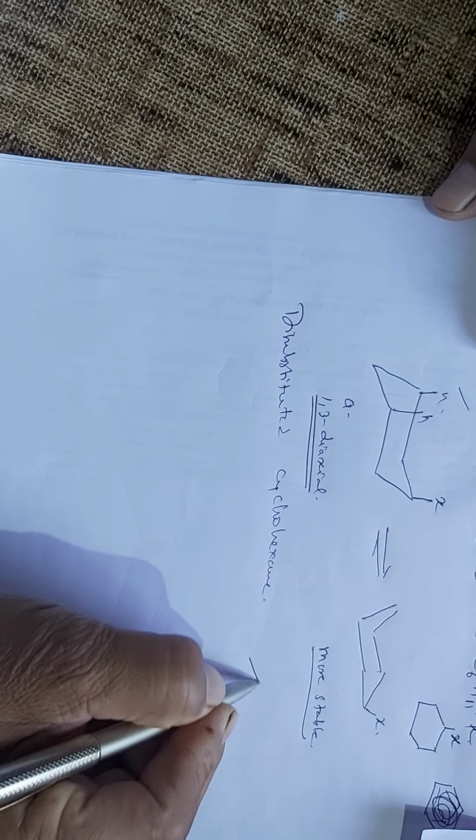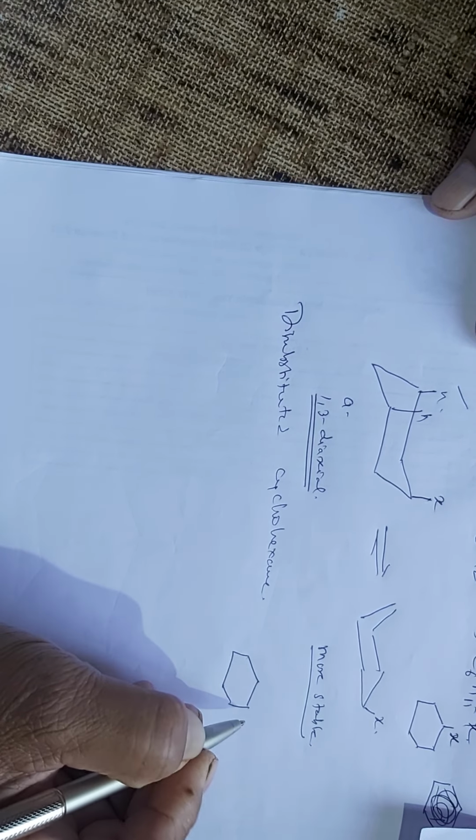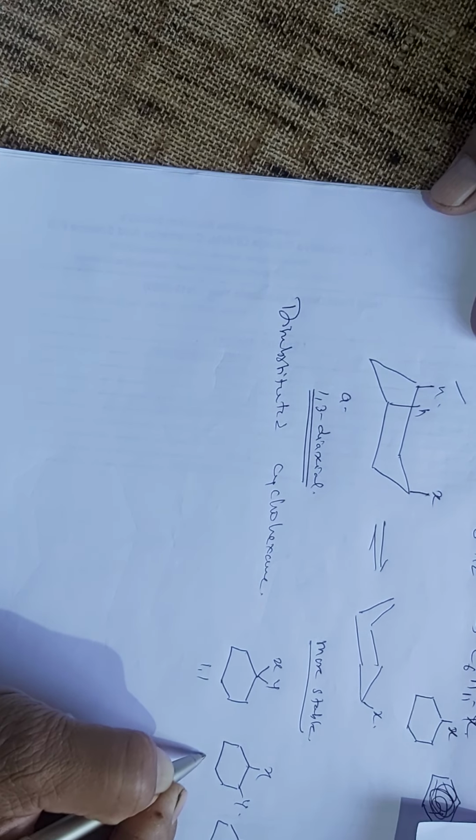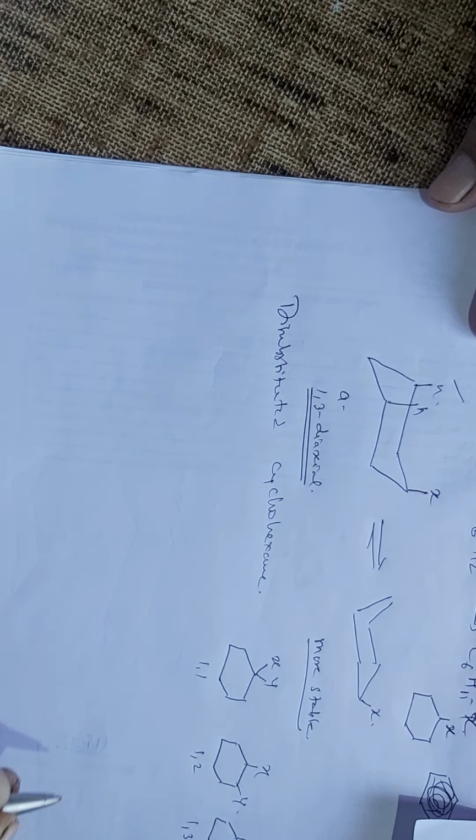That is the two types of substituents. And so here the two substituents may be on the same carbon atom, they may be on adjacent carbon atoms, they may be away from each other at the 1,3 position, or they may be at the 1,4 position. So here we are getting 1,1 disubstituted cyclohexane, 1,2 disubstituted, 1,3 disubstituted, and 1,4 disubstituted cyclohexane.